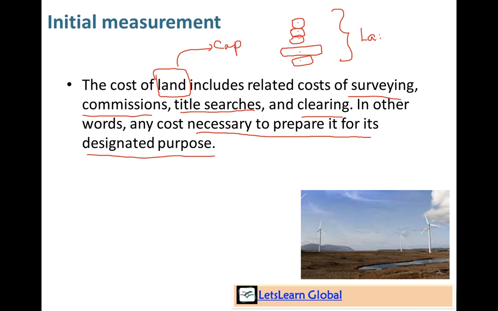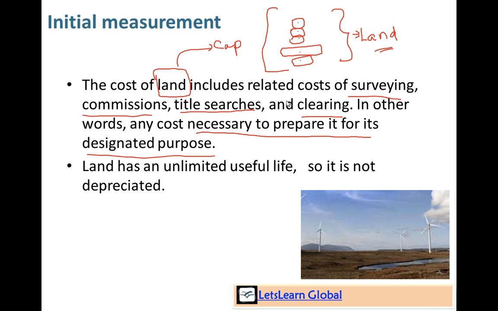Land will not have any wear and tear, so there will be no depreciation on land. Instead, there will be an appreciation. So do not charge any depreciation on land, please. All these costs should be added to land. Land has unlimited useful life, so it is not to be depreciated.